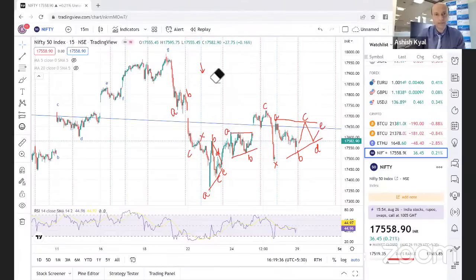This can be the possible path that Nifty can follow, looking at the overall pattern formation and the sideways action. If it breaks above this, further levels can be seen, and if it breaks below this, then you can expect a crash. So 17,340 is the level below which we will crash.